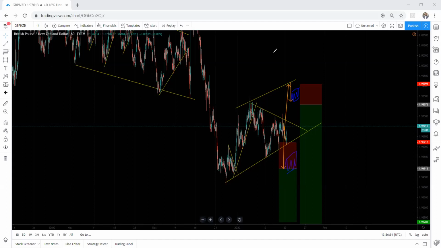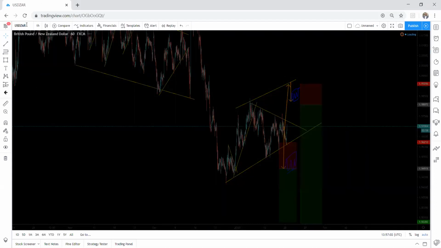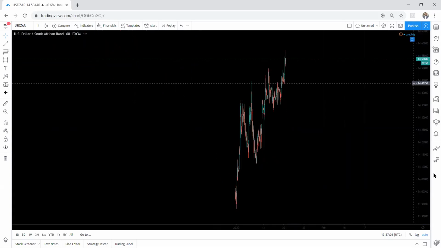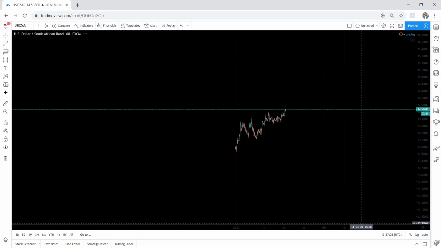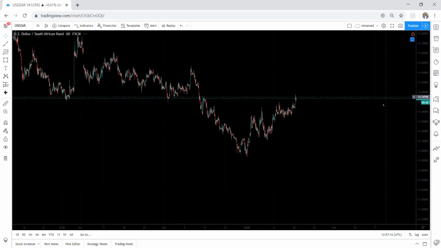Let's look at USD ZAR. That's one exotic pair. USD ZAR is looking very, very interesting.